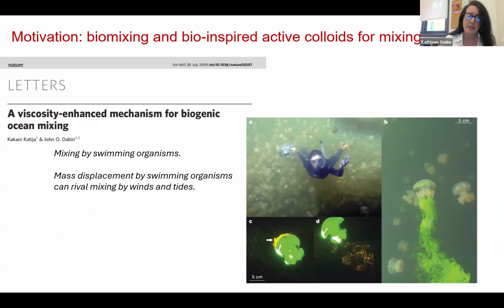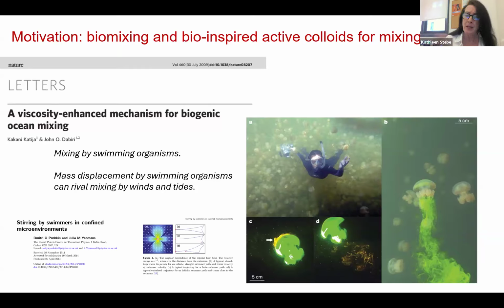With this exciting idea, people who like to think about active matter got involved, and there was beautiful work done also by, for example, thinking about what happens if a colloidal scale swimming agent is present in the fluid.